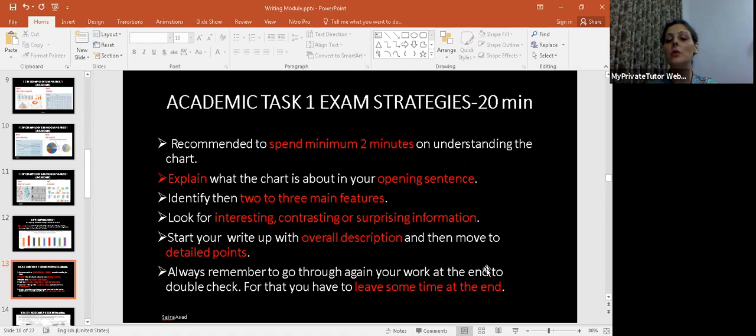Always remember to go through your work again at the end of the question. So always leave some time for reading that question. You have only 20 minutes for attempting that question. So you have to make a plan quickly, understand it, write down how many paragraphs you're going to write, and afterwards you should have 5 to 6 minutes at the end to overview that question again.